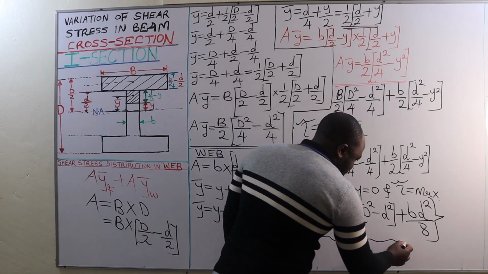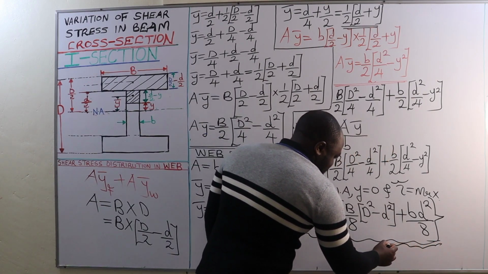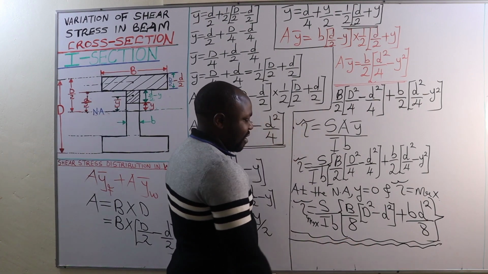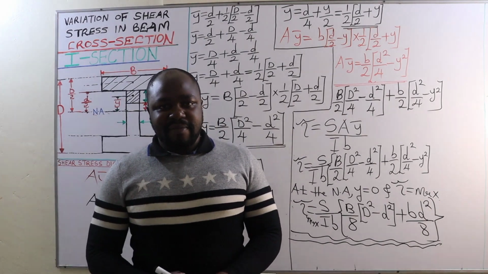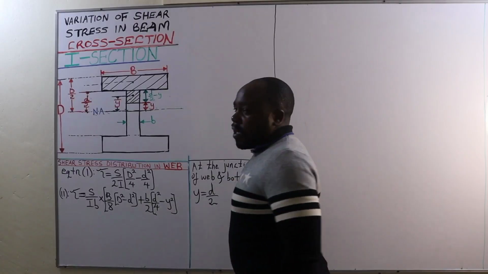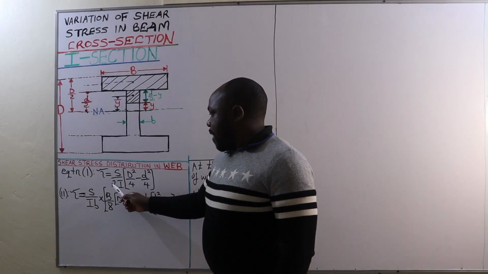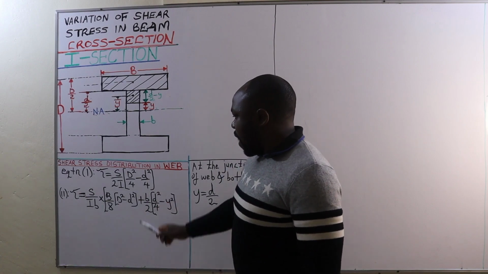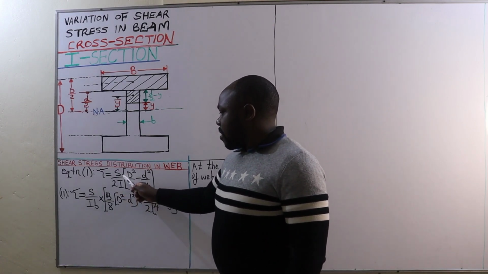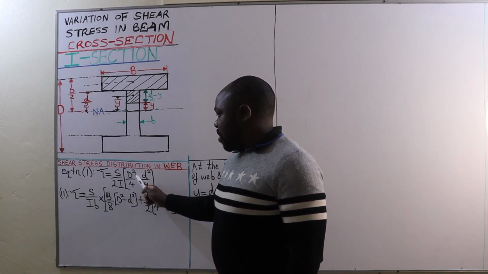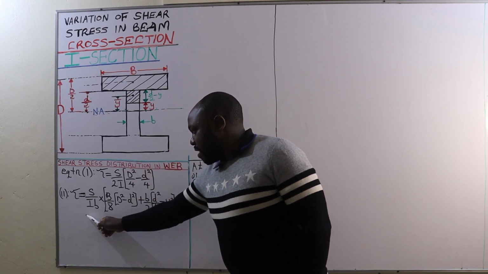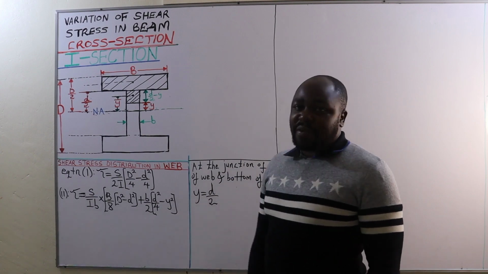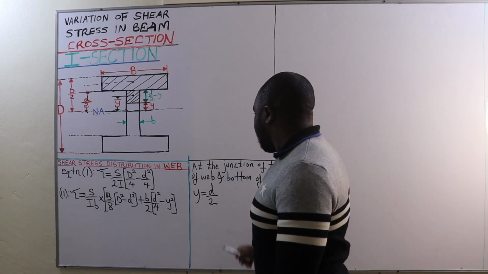That is the formula for calculating the maximum shear stress at the neutral axis of an I-beam section. Now, considering these two equations, we have shear stress equals S over 2I into d squared over 4, and this second equation that we have already derived.